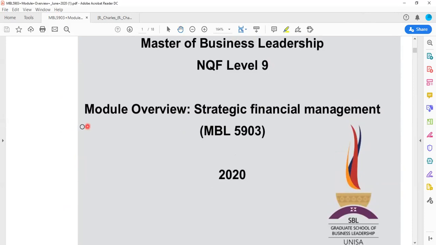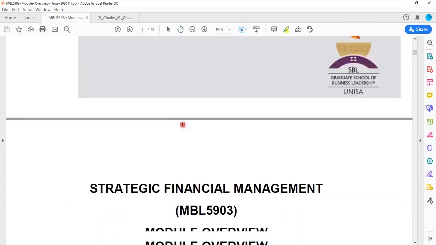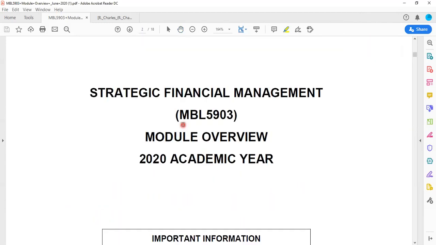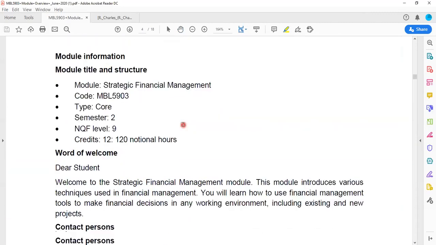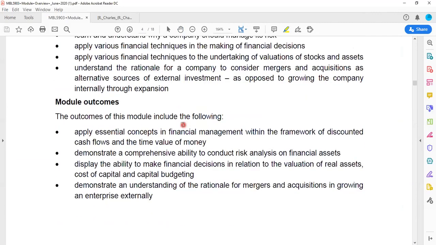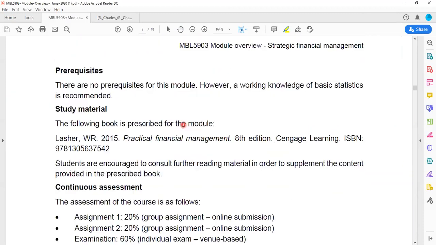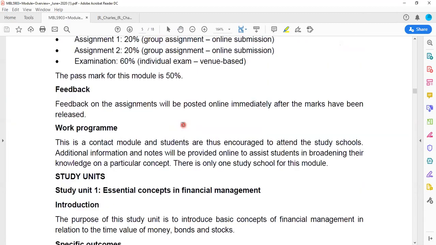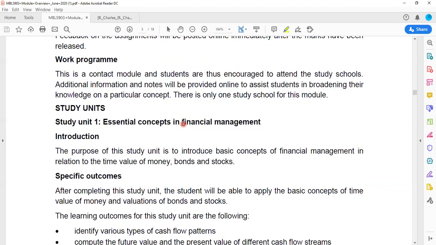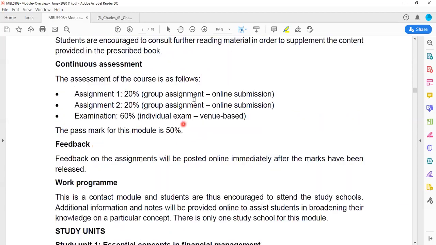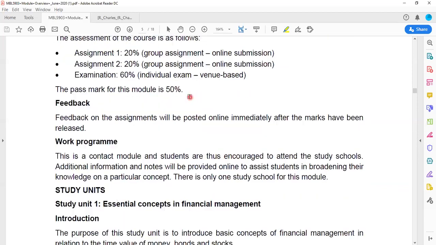Both of these modules have the same specific module outcomes, and they also have the same syllabus objectives, but they do have different prescribed textbooks. Although, the past papers for MBA 5903 will be used to help with your revision for MBL 5903 and vice versa.